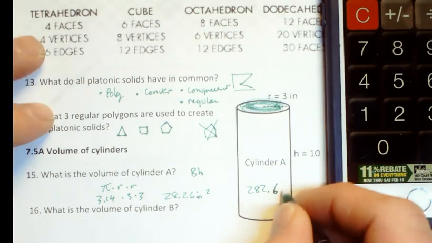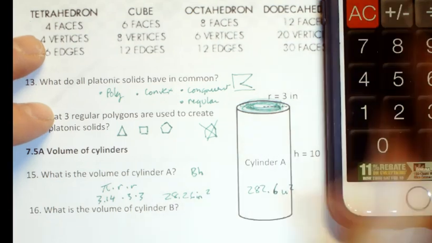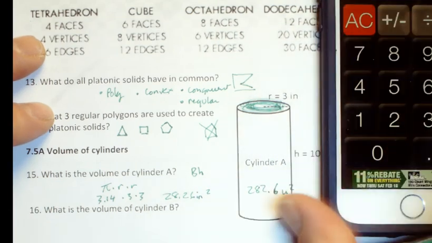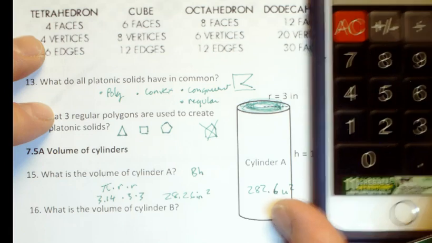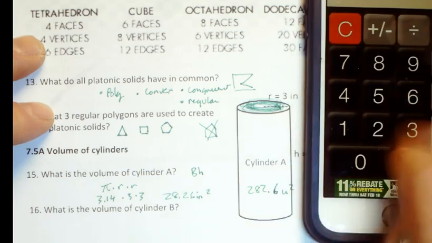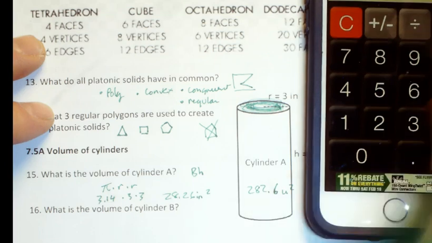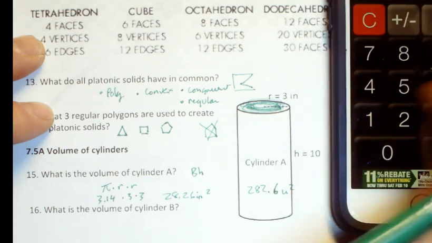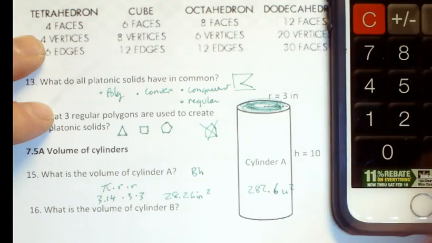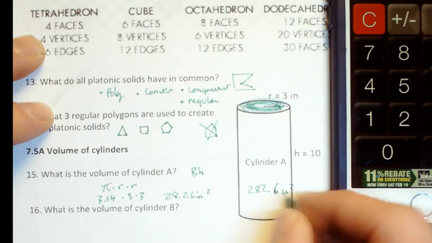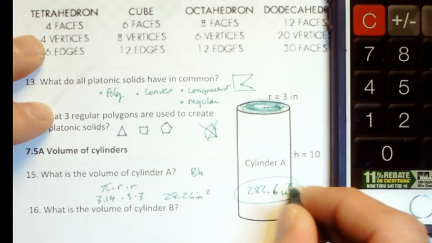And I'm going to double check that. 3.14 times 3 times 3 gives me 28.26. We're going to multiply that times the height, the 10, and we've got 282.6 units squared. Sorry, units cubed, it's volume, my friends.